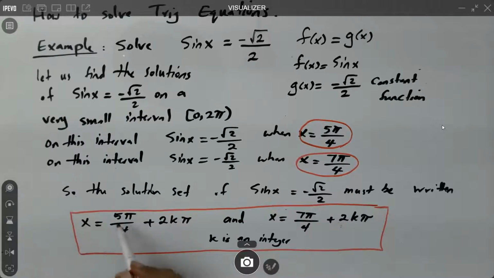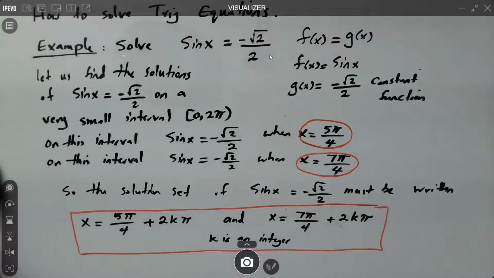You can just represent them in this nice compact form. X is 5 pi over 4 plus the rest of the angles coming from the repetition, because sine is a periodic function. And also x is 7 pi over 4 plus the rest of the angle values on the other periodic part of the sine function.